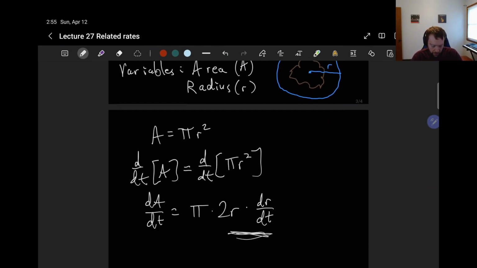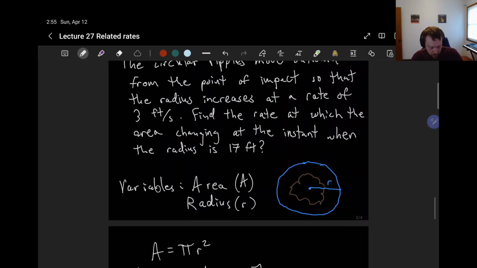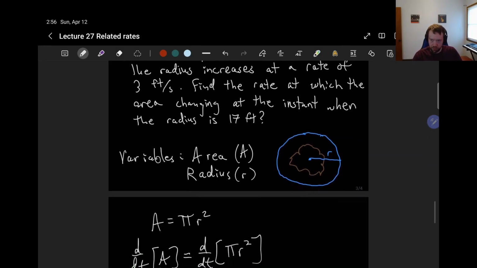So we're going to have to fill in this information here, both r and dr/dt. Well, we're told the radius is increasing at a rate of 3 feet per second. So then that is dr/dt. And we're looking at the particular moment when r is 17 feet. Of course, it's not like at all times r is 17 feet, but this is a particular instant.